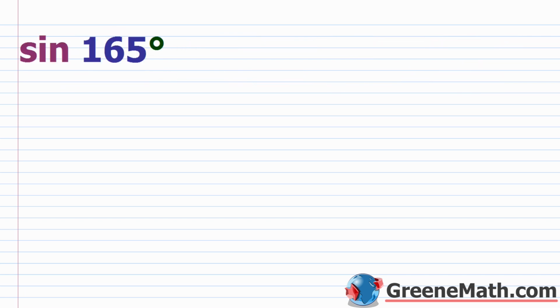Okay, so let's look at a little sample problem here. You saw this in the last section where we would rewrite something to get an exact value. You're going to do the same thing here. So we have sine of 165 degrees. You're going to find two angles on the unit circle where you already know things about them. So I'm going to do the sine of 135 degrees plus 30 degrees.